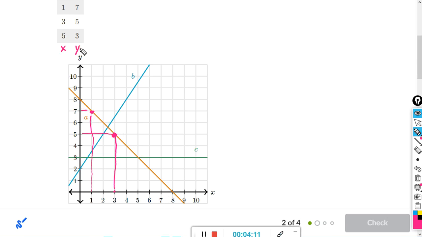X equals 5, Y equals 3. So go to my x-axis, X equals 5, and trace it up to Y equals 3. They meet right there. Okay, you can see they are all on the orange line, which is line A. All right, so the answer is A.